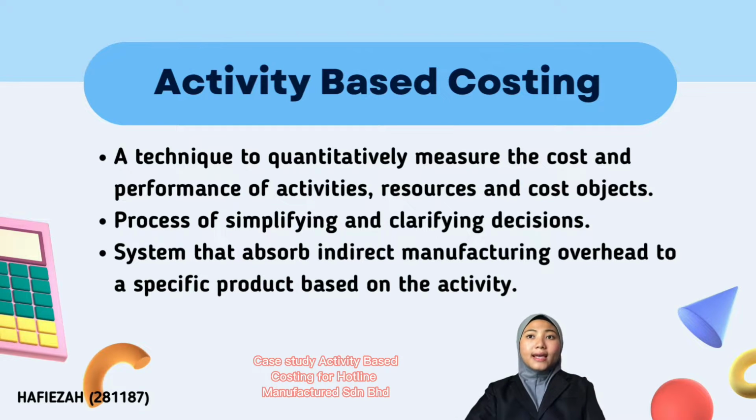ABC is a process of simplifying and clarifying decisions required by the process evaluator and senior management, using activity costs rather than gross allocations. ABC is a costing system that absorbs indirect manufacturing overhead to a specific product based on the activity involved in producing the product.